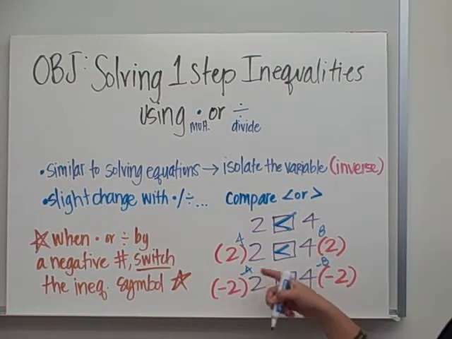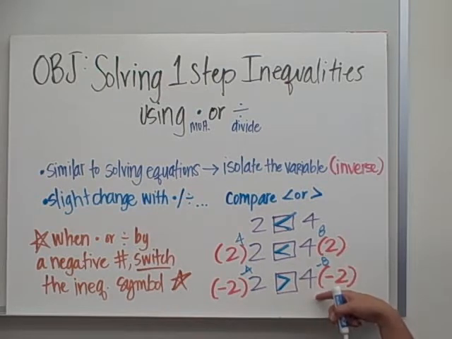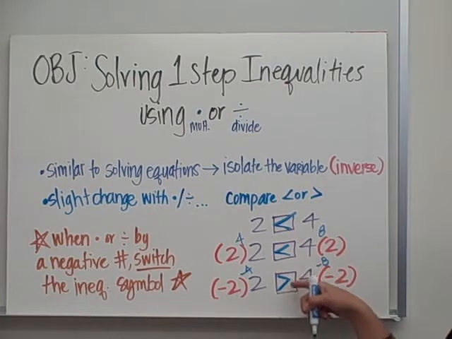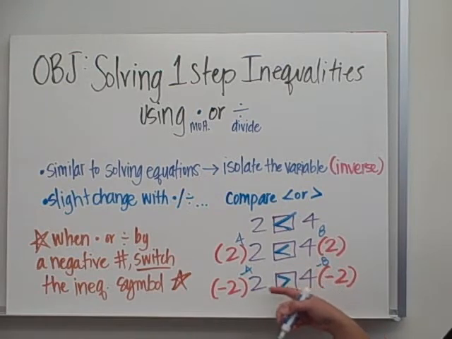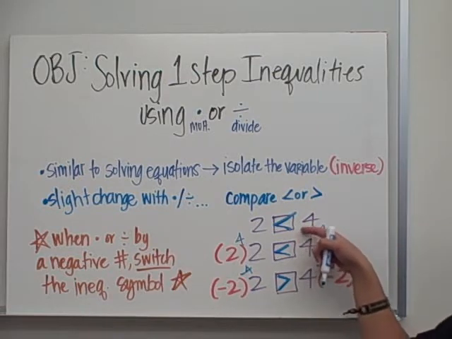What changed between here and here? We multiplied by 2, we multiplied by -2. And our symbol changed. And that is why there's this difference with multiplication and division, because there's something that happens when you multiply by a negative. Notice right here I multiplied by positive, and so my symbol didn't change.